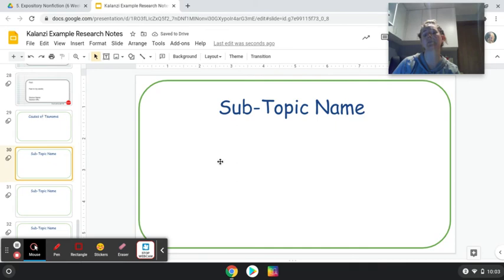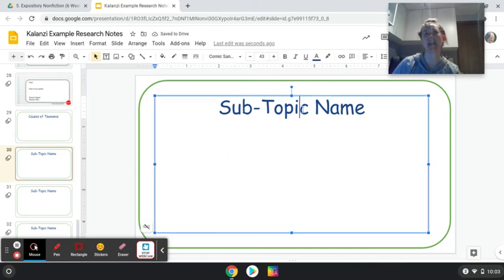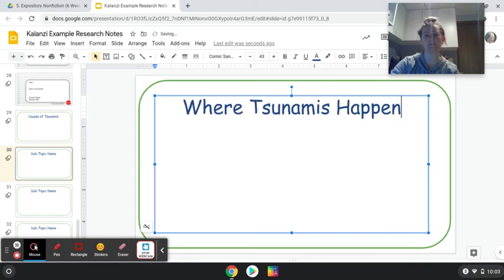Another one that I talked about, I had talked about how they happen in the Ring of Fire. I had talked about how they happen in the Caribbean and the Mediterranean. So I might say that this topic could either be locations of tsunamis or where tsunamis happen. So I might put where tsunamis happen.